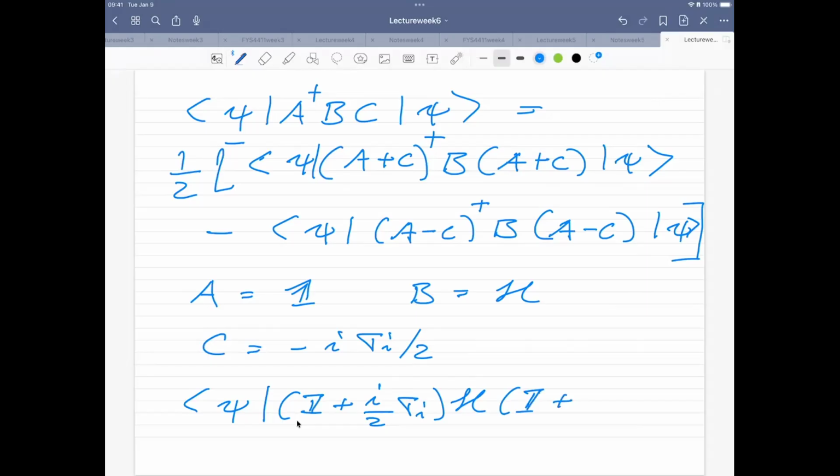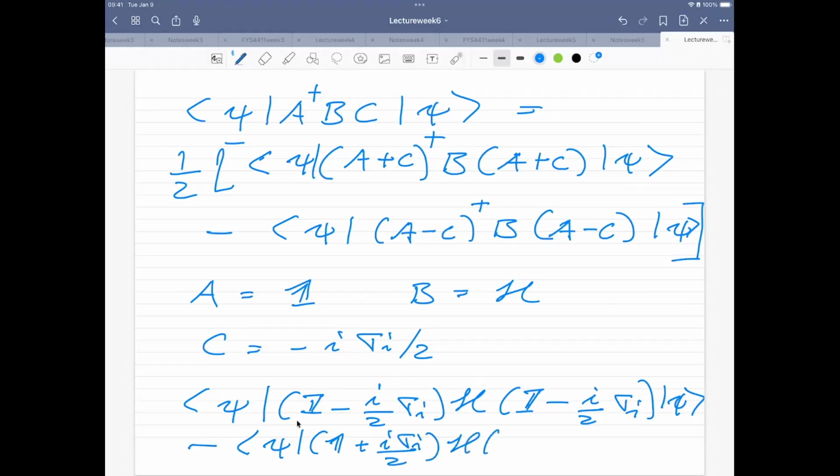plus, wait, this should be, what did I do now? It's minus and plus. So sorry, I actually did it wrongly. Because we have minus, so this should be minus i divided by 2 of sigma i multiplied with psi. And then we have minus, and then I have psi of identity matrix plus i sigma i divided by 2, Hamiltonian, identity matrix plus i sigma i divided by 2 times psi.